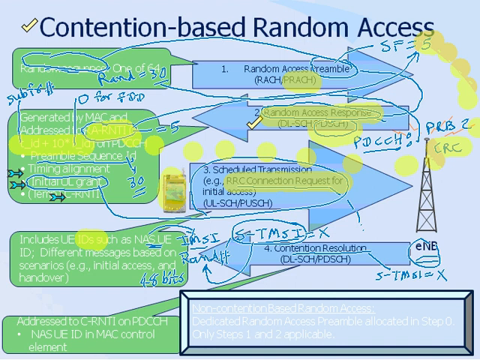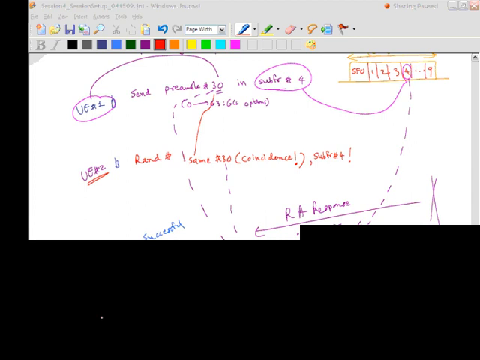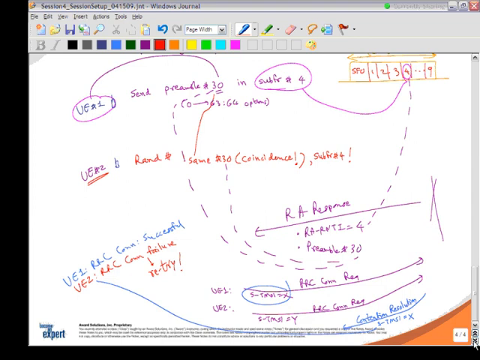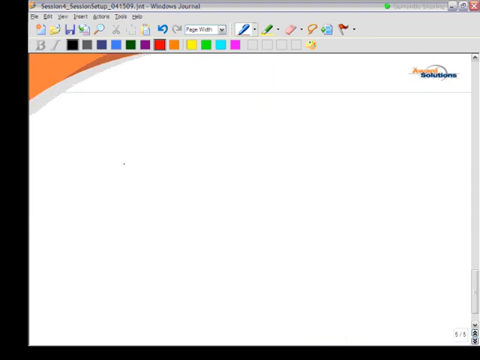How many UEs can the eNodeB support? Is it limited to 64 for access only? Yes, within one subframe, we can have up to 64, within a 1 millisecond interval. We have 64 potential sequences.